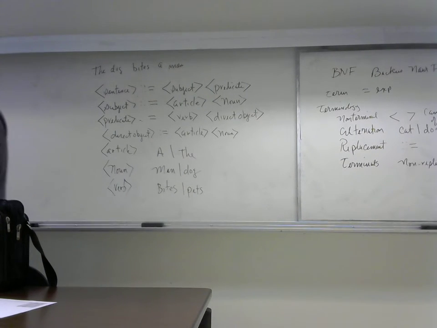So this is just a simple way to show you how this goes. This Backus form, you have these definitions. So this describes the form that an expression or a statement can take.